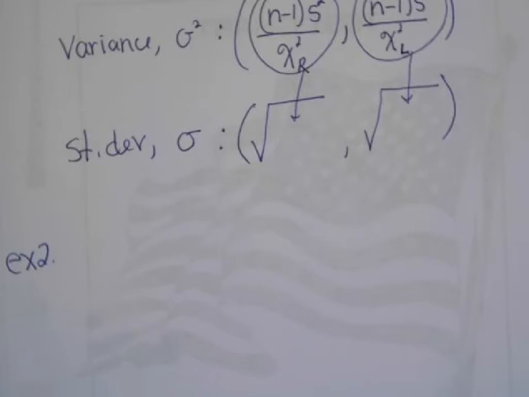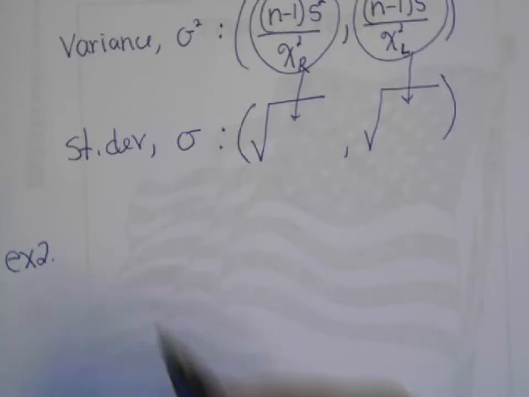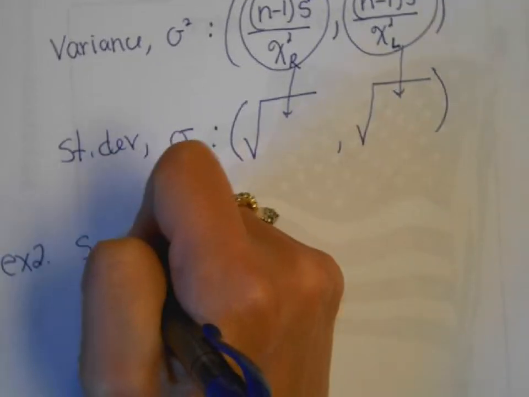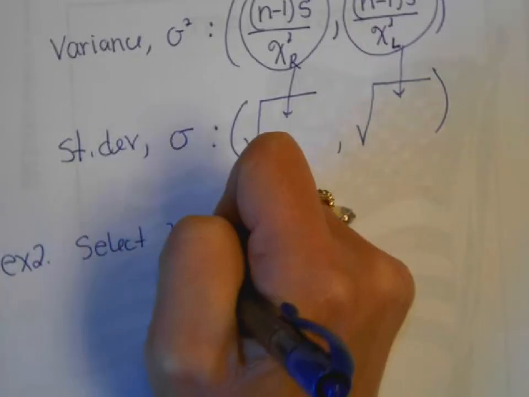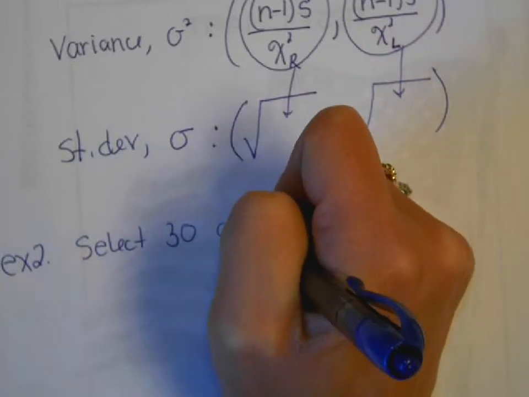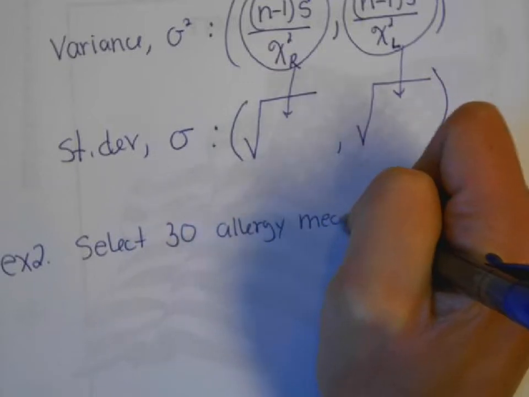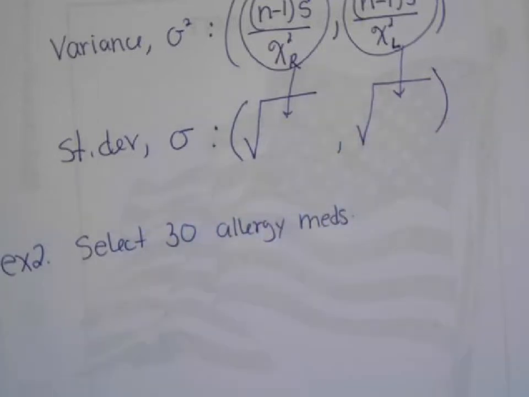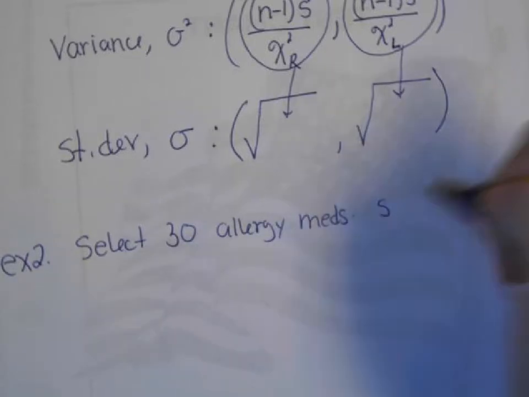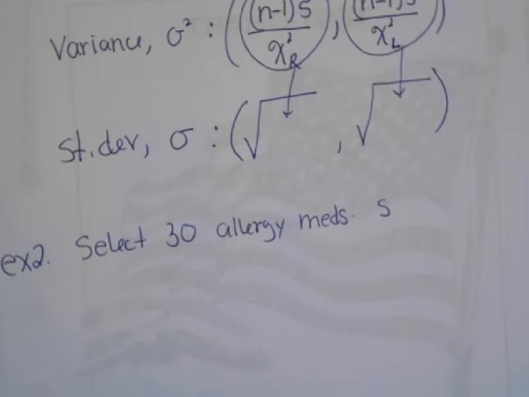Okay, here's our first example. You've just got to write it out. We're going to randomly select 30 allergy meds, the sample, and you're going to weigh them: the weight of the pill. Are we writing these formulas out?